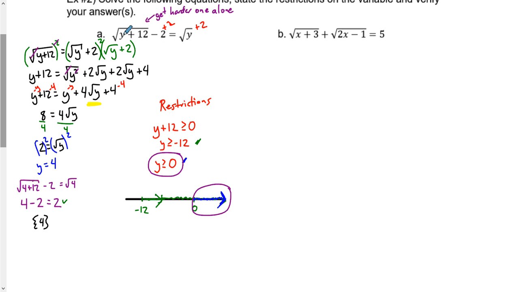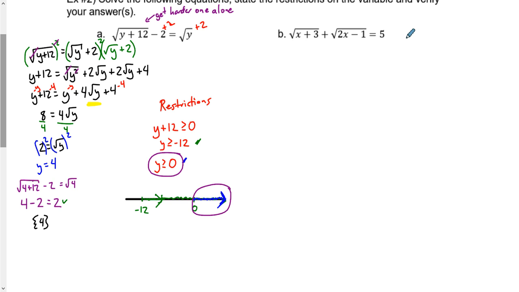But I can plug negative 11 into this radical right here. Negative 11 plus 12 is 1, square root of 1. Okay, yeah, that one works. But I can't plug the square root of negative 11 into here. So this is the only restriction that matters. Hopefully that does help a little bit.